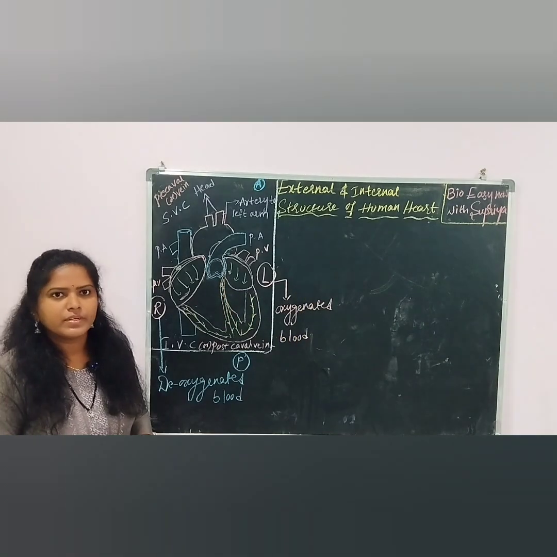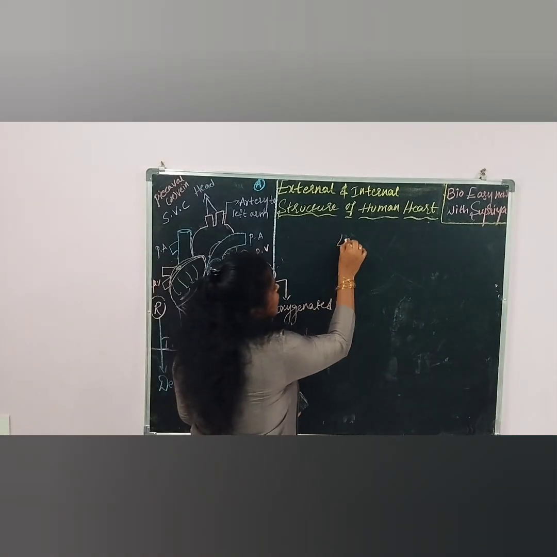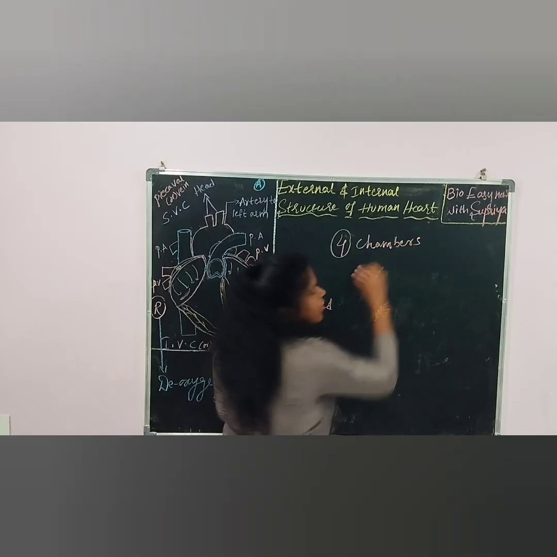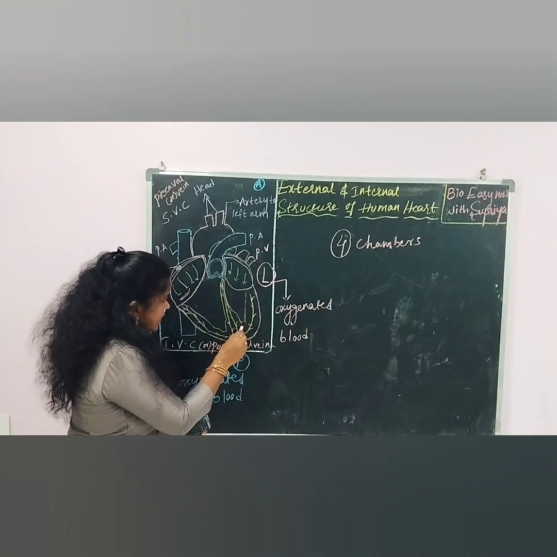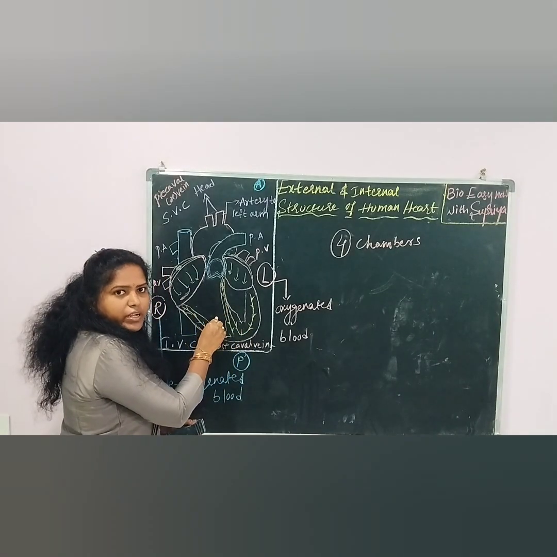And the heart is divided into 4 chambers. What are they? Left atria, left ventricle, right atria, right ventricle.